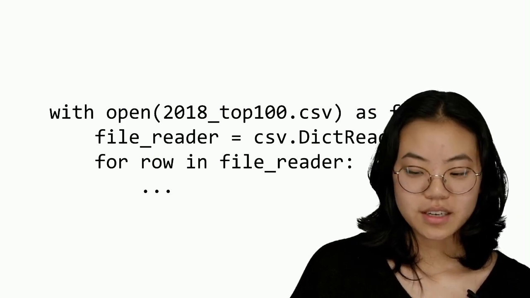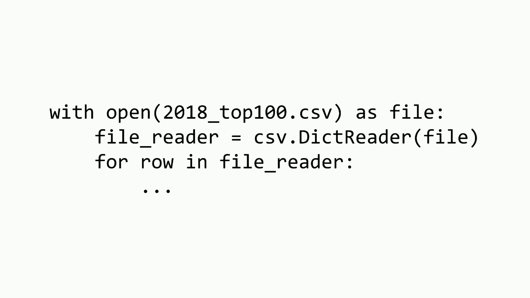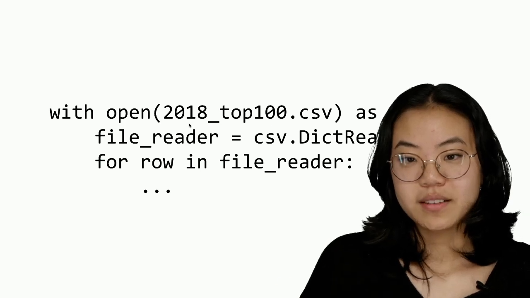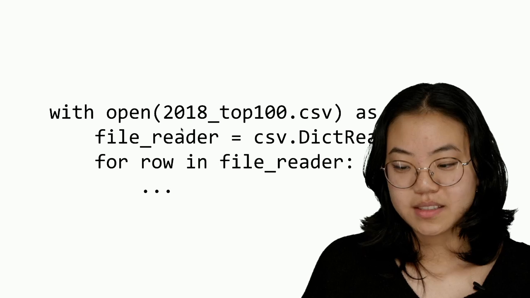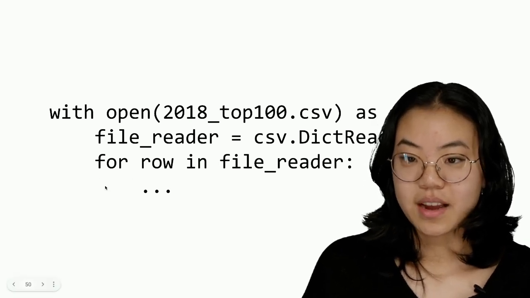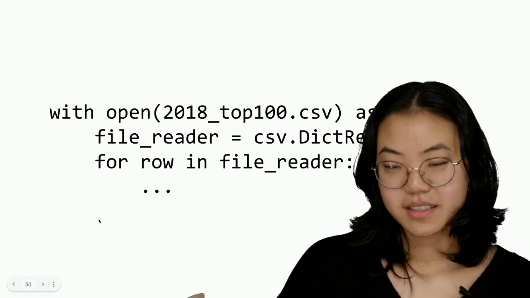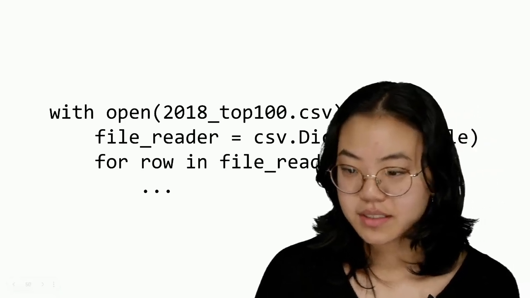So another thing to note here is that with this indentation syntax, we don't actually have to do the opening and closing manually anymore. The file will only be open for whatever code goes on in this with open block, and so you won't be able to access the file after the indented block of code.